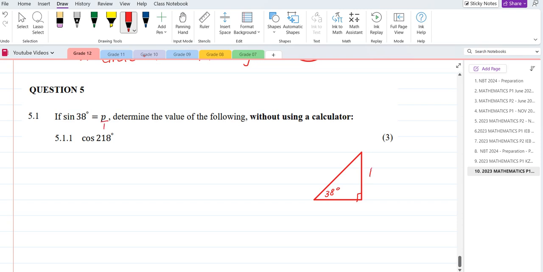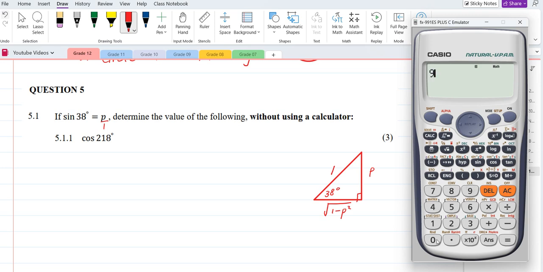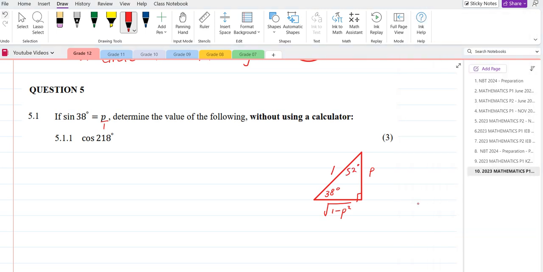So opposite over hypotenuse is P over 1, and the adjacent is the square root of 1 minus P squared. Don't write 1 squared because 1 squared is 1. Okay, and the top angle is 90 minus 38. So what's the top angle? 52 degrees. So always complete the triangle.